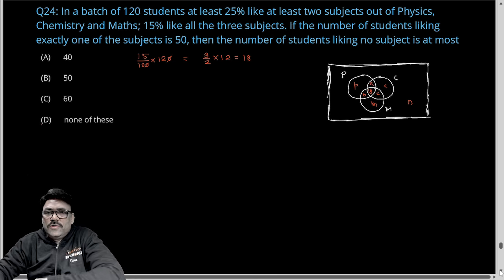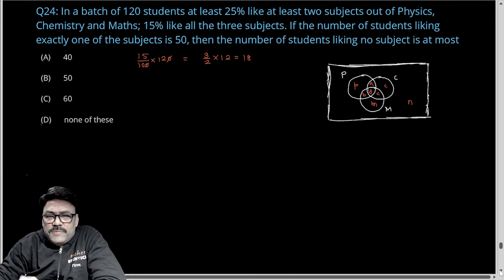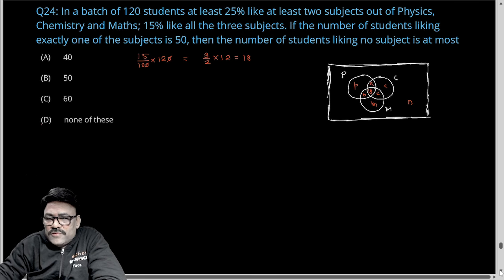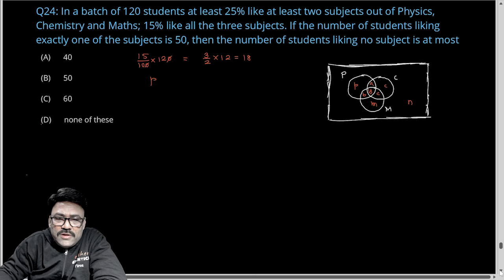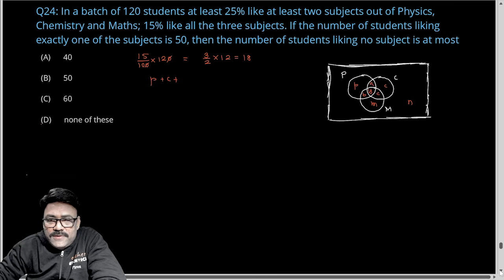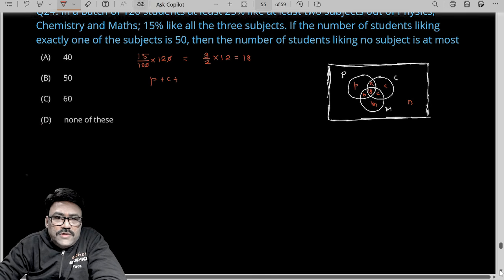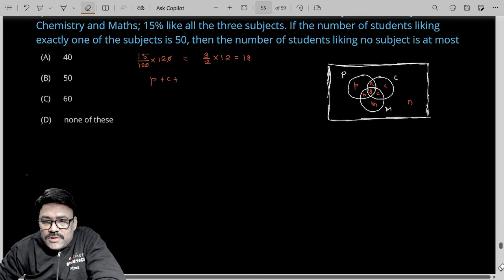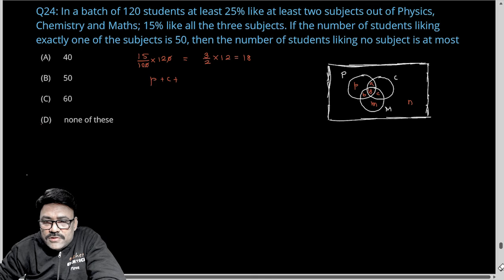So now let's look at all the conditions given. 25% like at least two subjects. 15% like all three subjects. The number of students liking exactly one of the subjects means P plus C plus M. Sorry, I've written C two times, my bad. Here I have to write something different for chemistry.